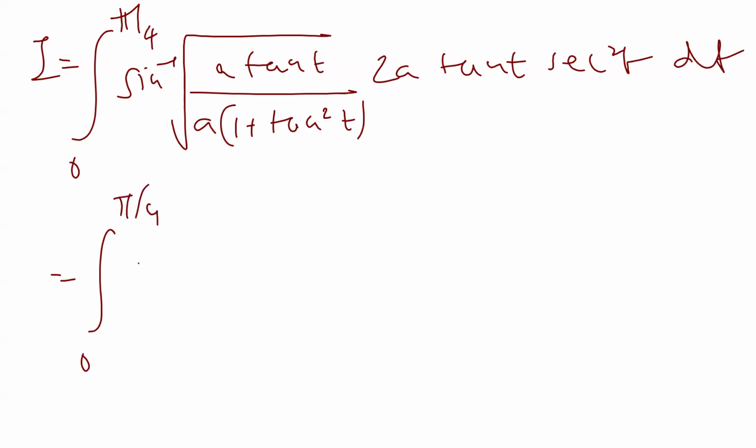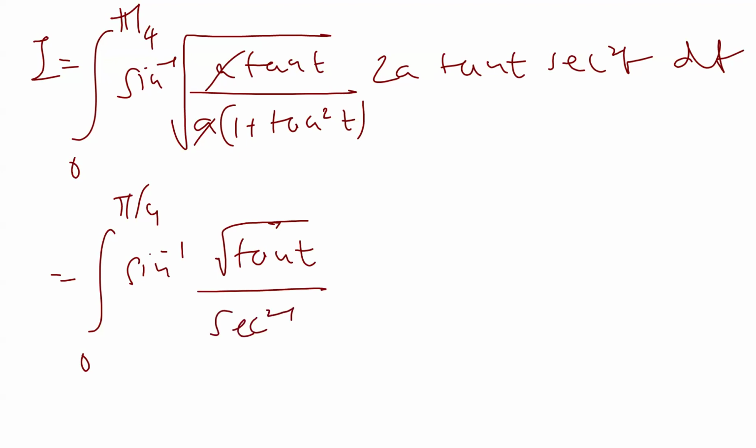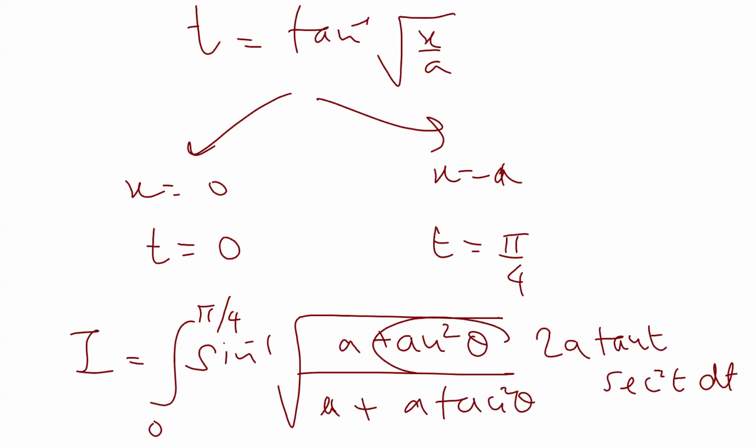0 to pi by 4 sine inverse, a is getting cancelled. So this is root tan square t upon sec square t. One second, I'll just go back. It is a tan square theta.